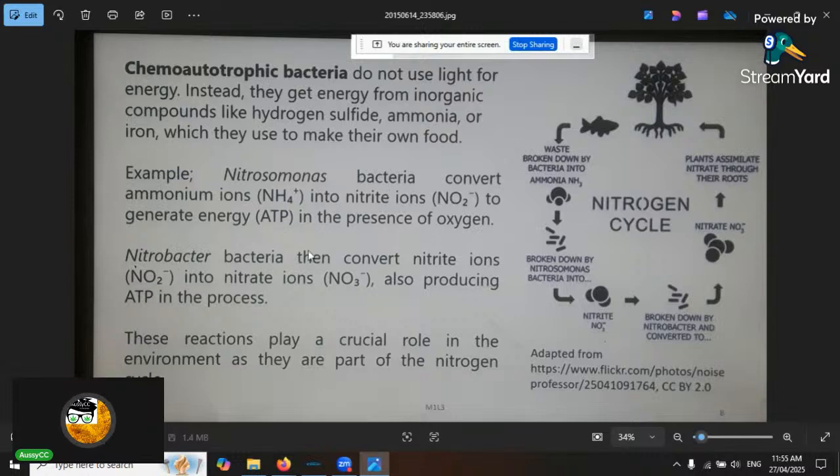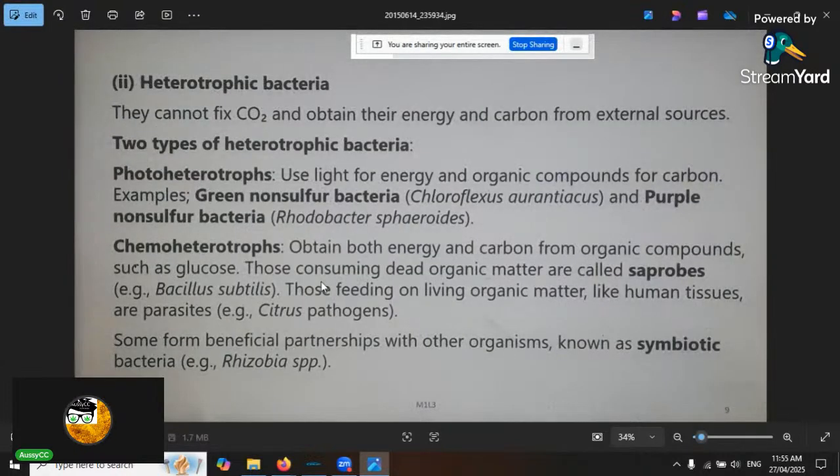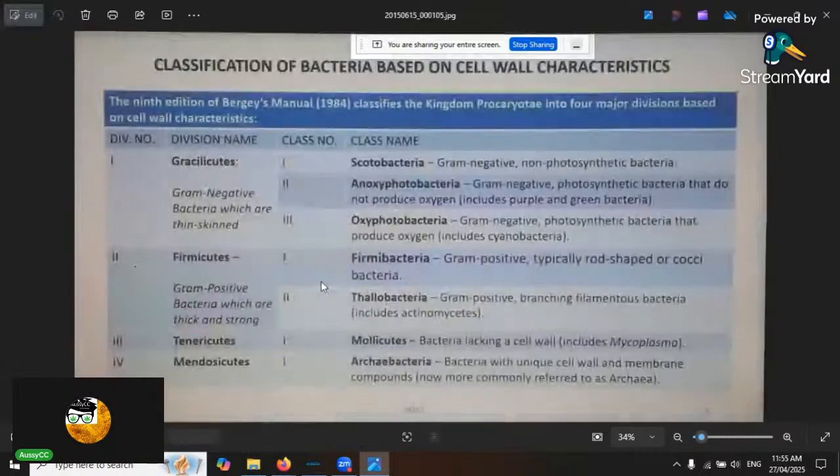And then Nitrobacter converts nitrite to nitrate, which is the plant-recognizable form. Lightning produces this too. If you've got Nitrosomonas around, bang, with Nitrobacter, you've got free feed for plants. Why am I talking about that? This is a study session.